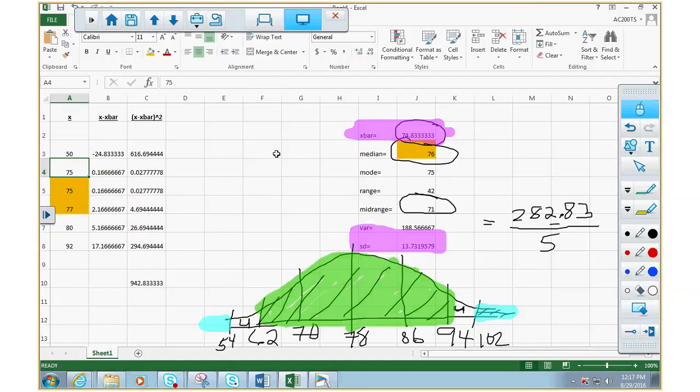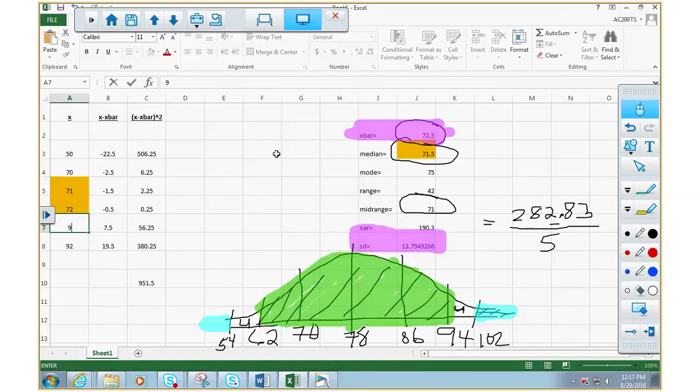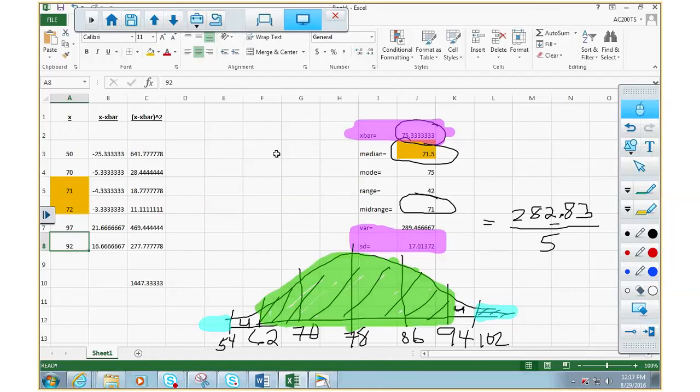You made a 70 on just about all of your tests. 70, 71, 72, and then you were in a unit to where you just took a whole semester before on, and you made a 97 and a 98.